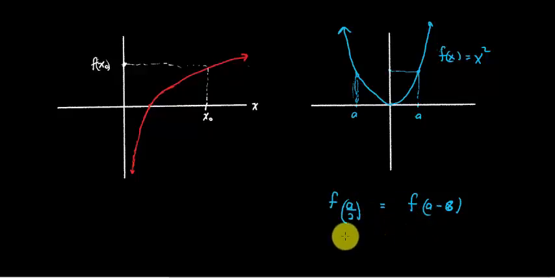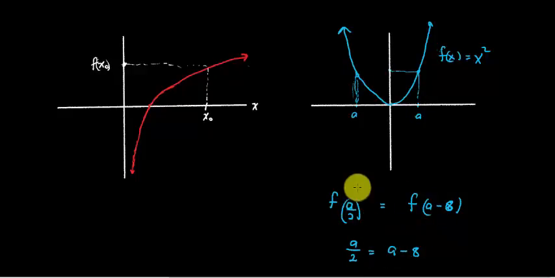But what would not be true is that if you took away the function, a divided by 2 is equal to a minus 8. Because of this property, I can plug in different values and get the same y value. It would not follow that these had to be equal.